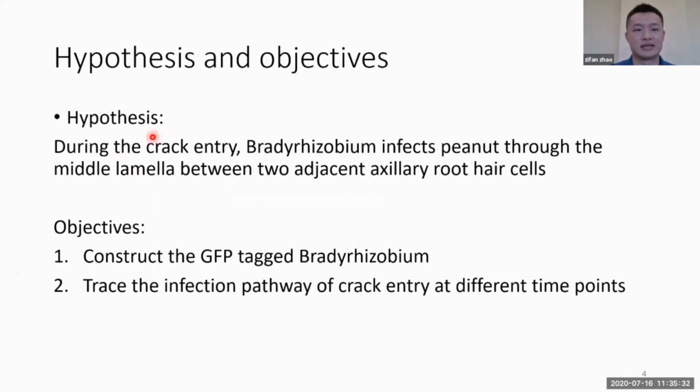My hypothesis is that during the crack entry, the Bradyrhizobium infects the peanut through the middle lamella between two adjacent axillary root hair cells. My two objectives are, first, to construct the GFP-tagged Bradyrhizobium, and second, to trace the infection pathway of crack entry at different time points.